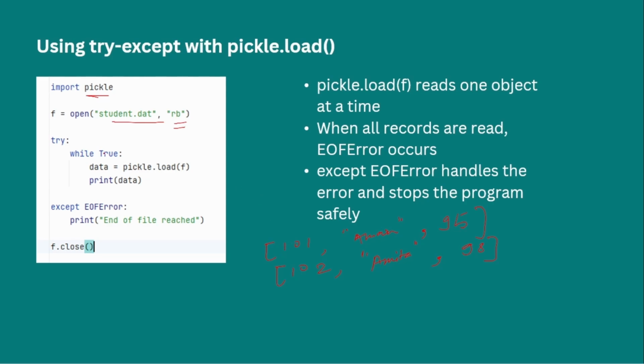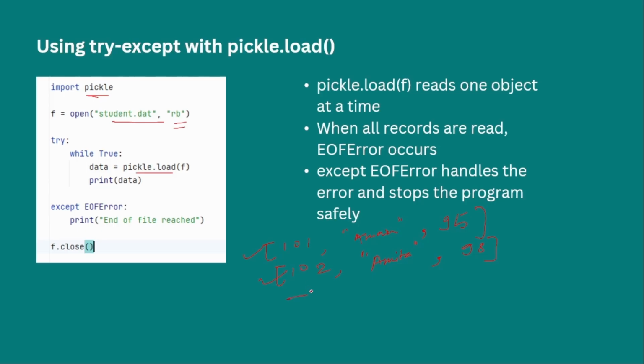Now it is saying while True: data = pickle.load(f). So when we say pickle.load(f), it will load this data. It will read this line and print that line. Next, because we are inside this loop, it will read this line and print that line. Now it has reached the end and there is no more data.